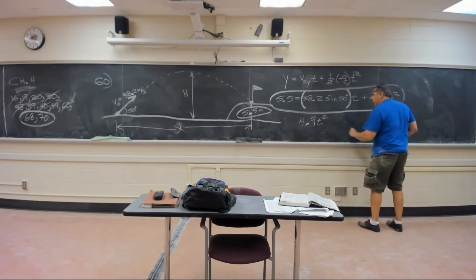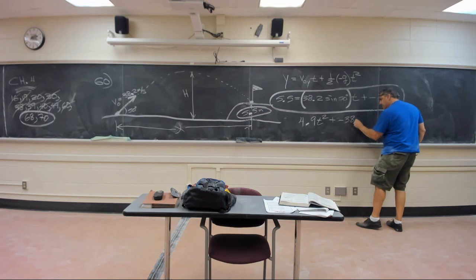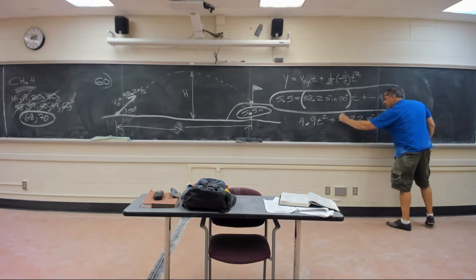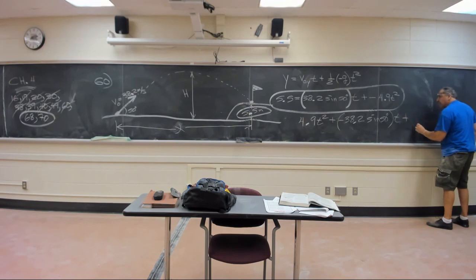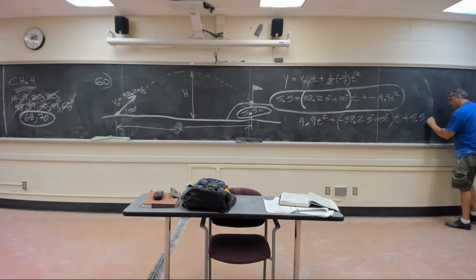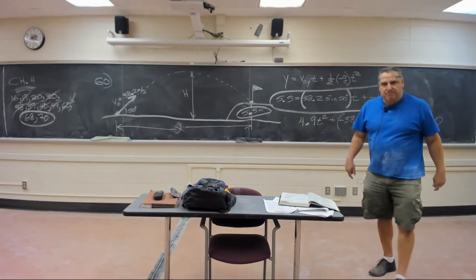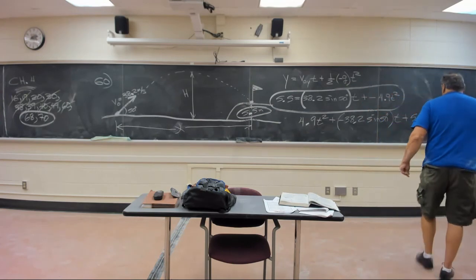Let's get everything over to one side and see what happens here. This will give you the total flight time. Once you solve for t, you're going to have the total flight time.